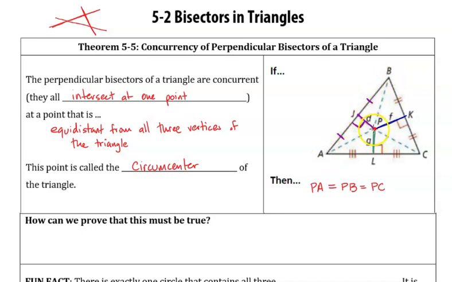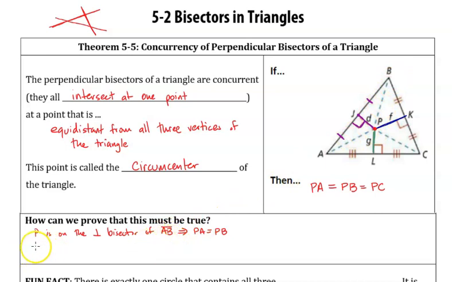So since point P is on the perpendicular bisector of segment AB, that tells us that from P to A has to be equal to from P to B. The theorem we learned in the previous section says that a point that's on that perpendicular bisector will be equidistant from the endpoints of that segment.